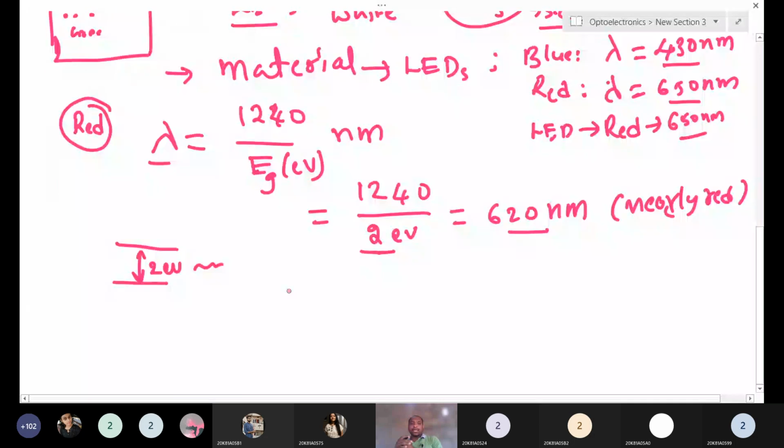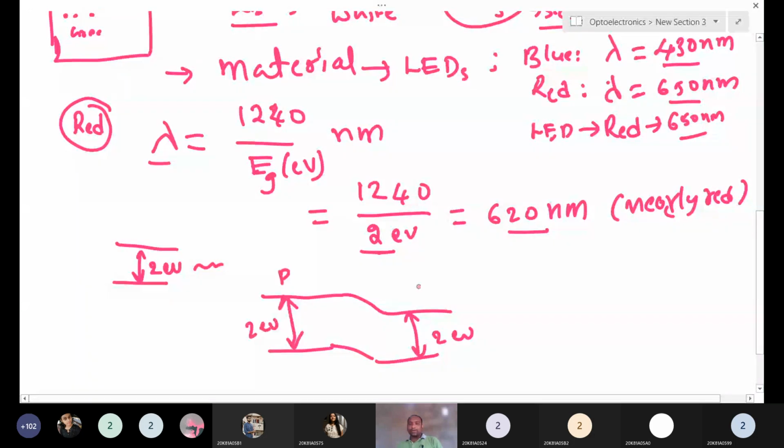Suppose in an LED you want blue color. Which band gap do you have to use? Blue means a material with about 3 electron volts band gap. If you use that, about 410 nanometer light will be emitted from the LED.